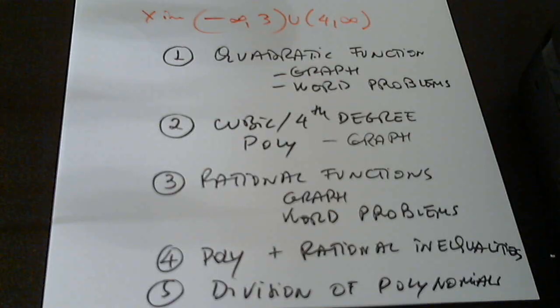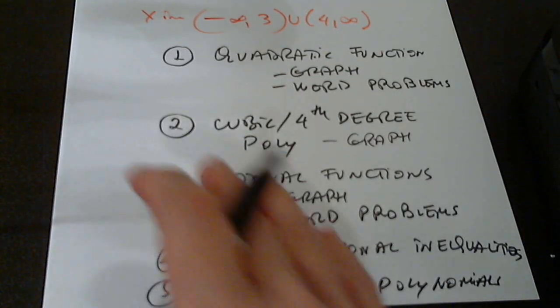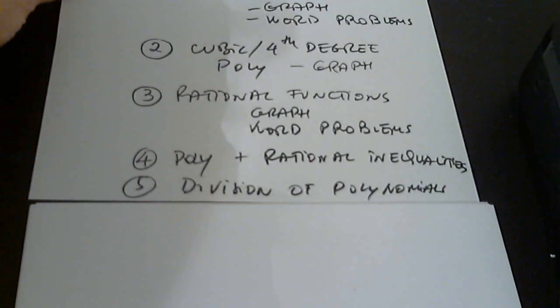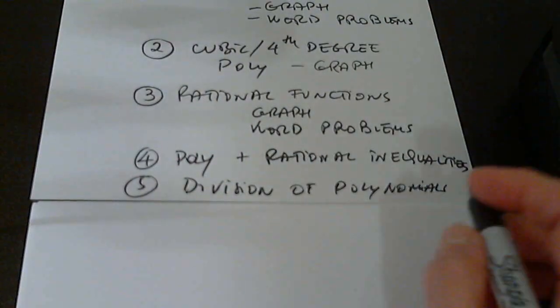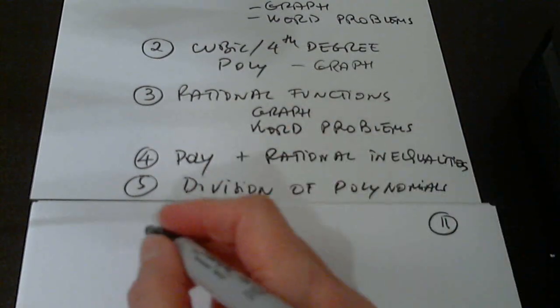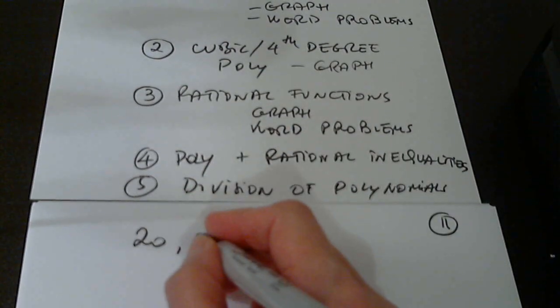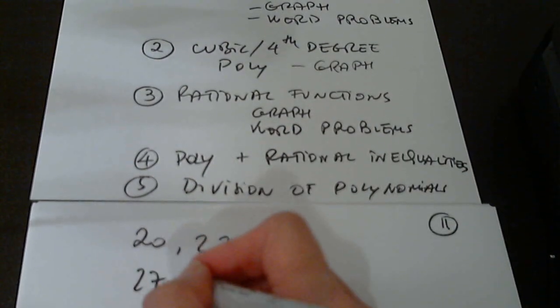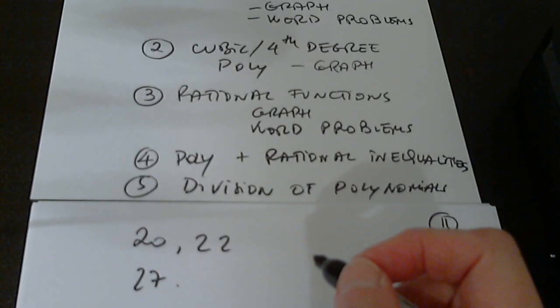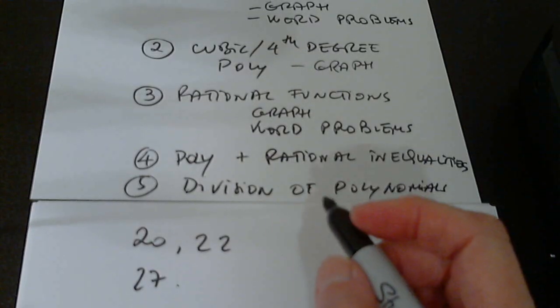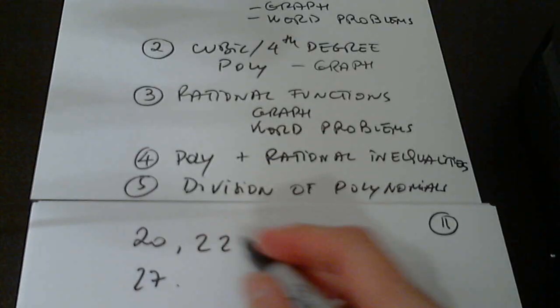Okay. That's it. Because we have the 20th and the 22nd and the 27th, I will not be able to use 3 sessions to review. I have to start chapter 4. So I have no choice, but I have to start chapter 4 sometime.